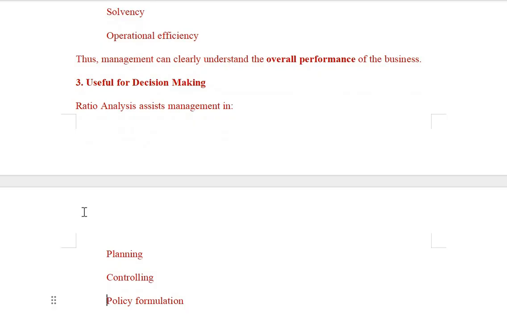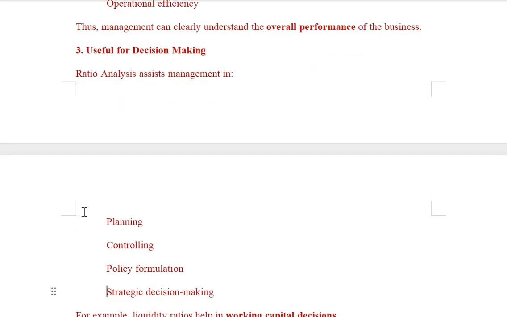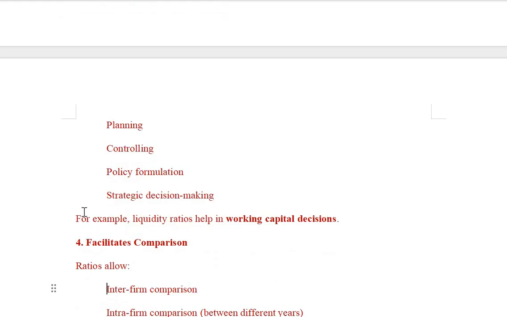Whatever we are doing, the decision should be the right one. So in order to take the right decision, we have to plan, control, follow the policy, and at last we have to take a decision. The decision should be apt by seeing our ratio analysis.